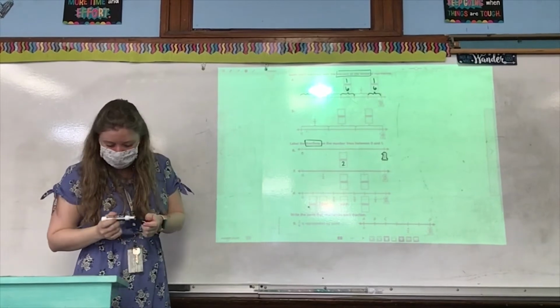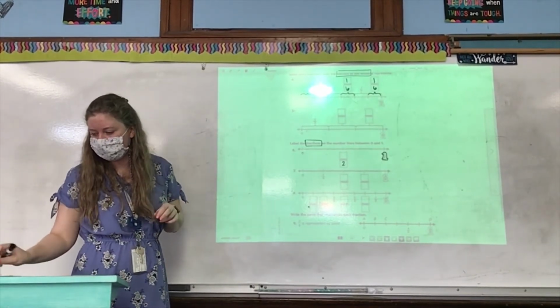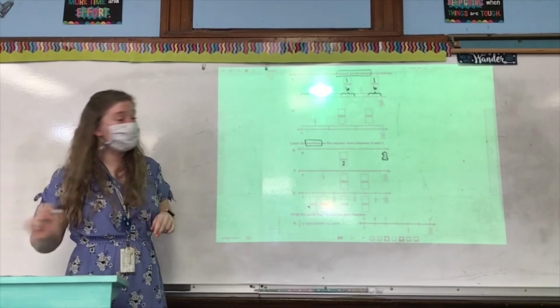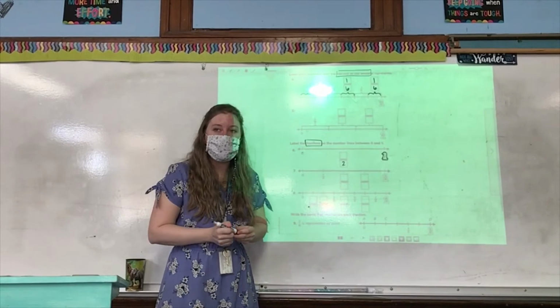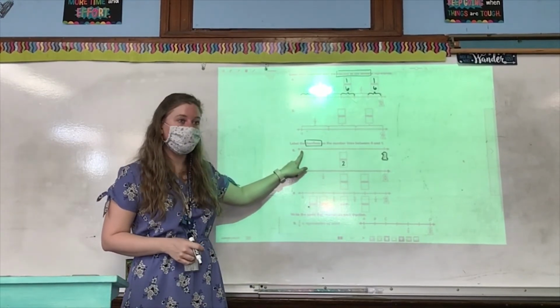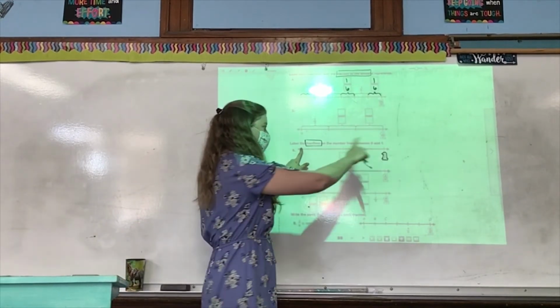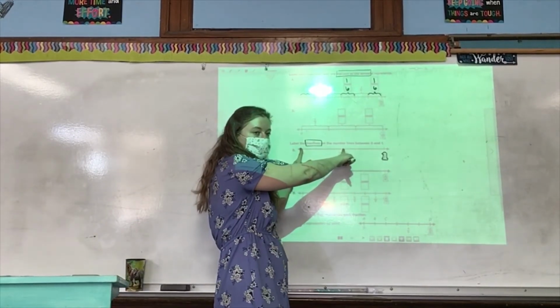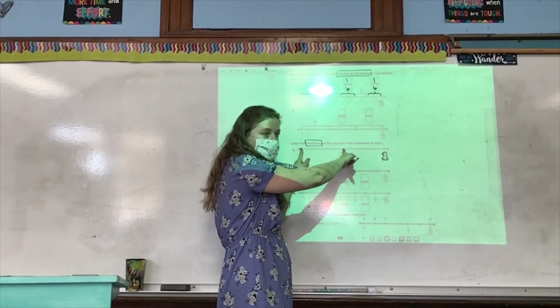So we know when we did the try it, when we were labeling the bottom, we said our numerator was how many pieces away from our 0 is that tick mark. Well, here's our 0. Here's our tick mark. How many pieces away from 0 is that tick mark?